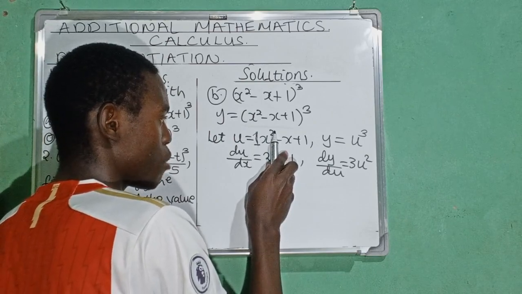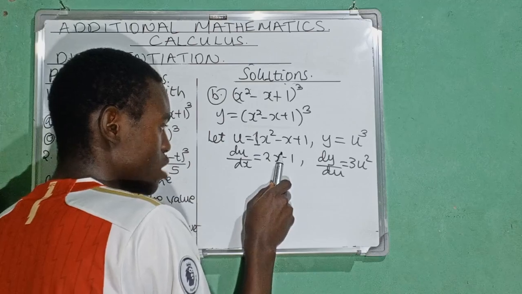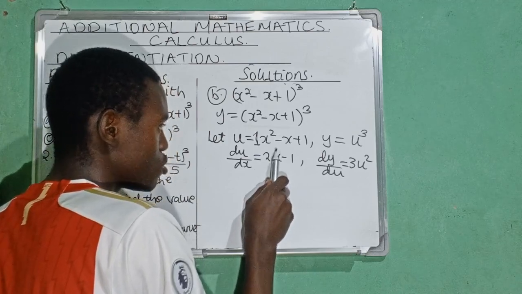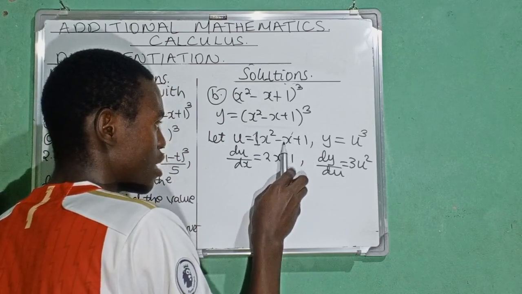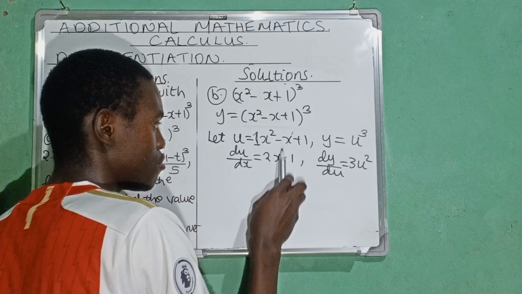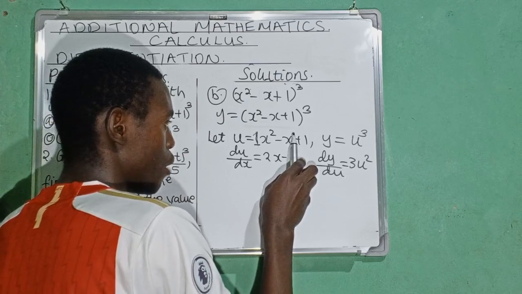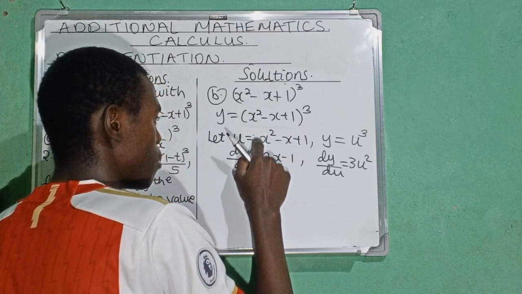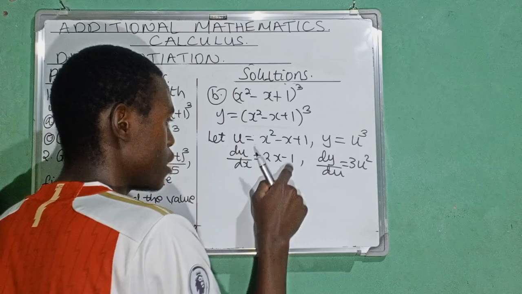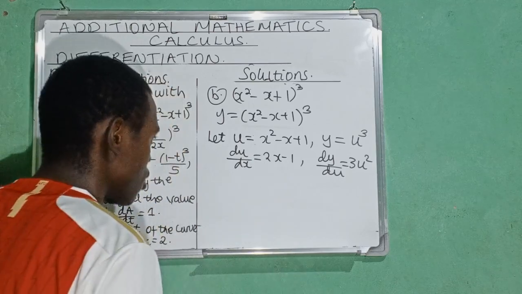You subtract 1 from the power. 2 minus 1 is power 1. Power 1, we don't need to write it. Then here is a power 1 multiplied by the number in front, which is negative 1. And the power 1 will lose 1, it will become x to the power 0. Any number to the power 0 is 1. And 1 multiplied by negative 1 is just negative 1.